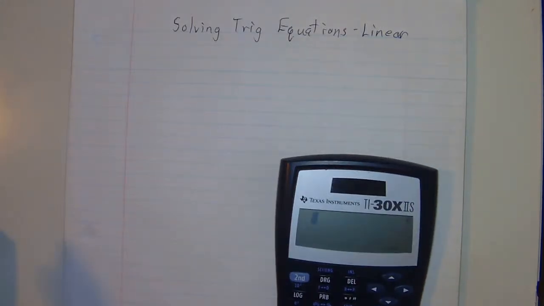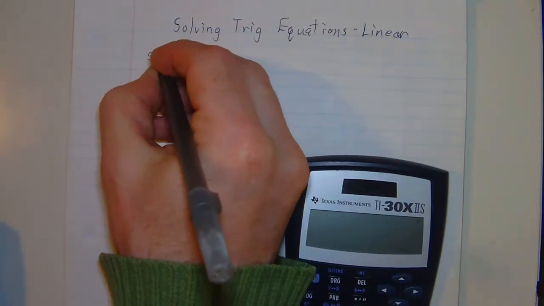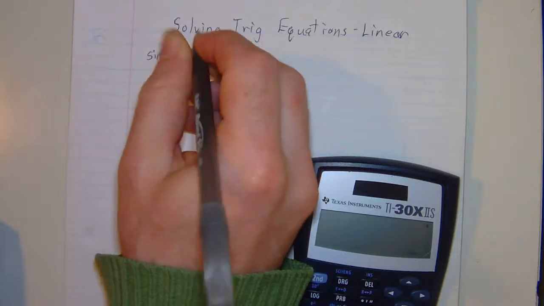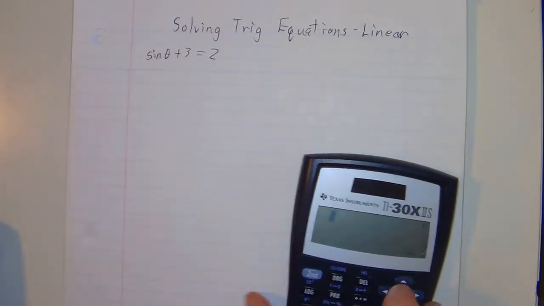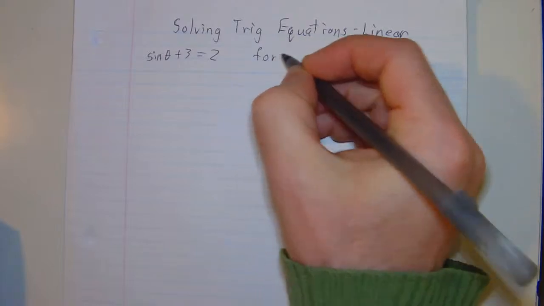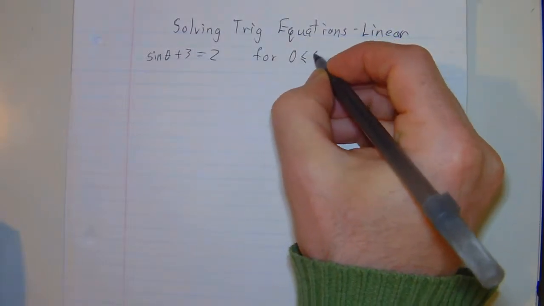Okay. So the first question in that document is asking about the equation sine theta plus 3 equals 2. And many of these questions are going to tell us the range within which they want us to find values of theta.